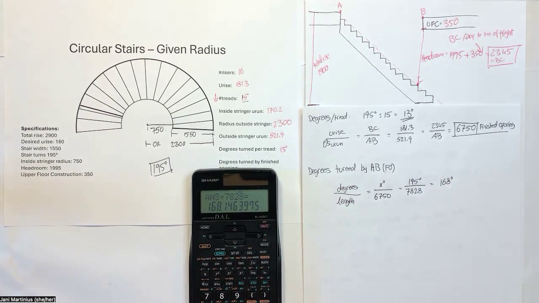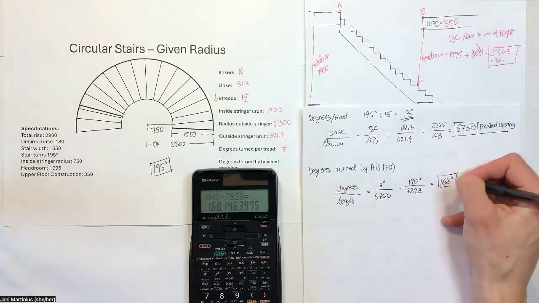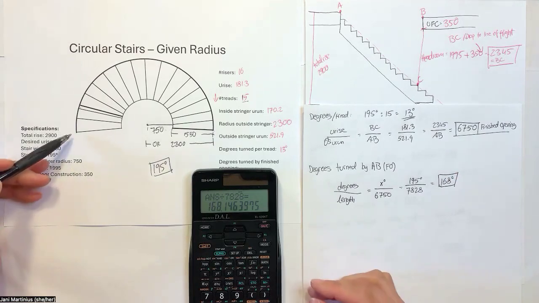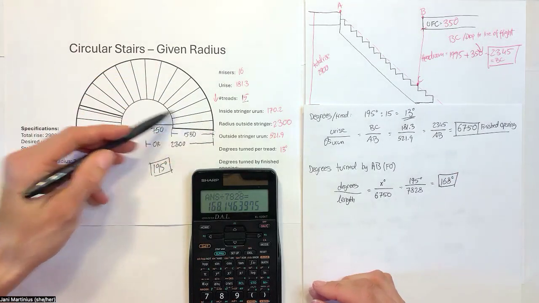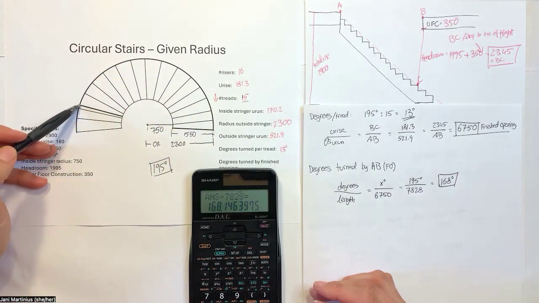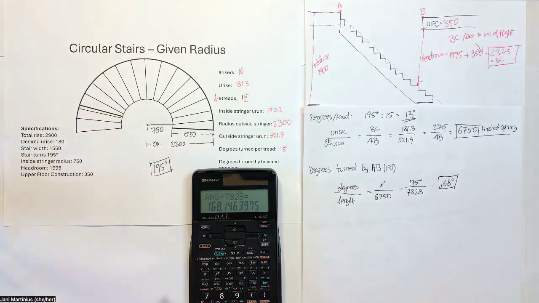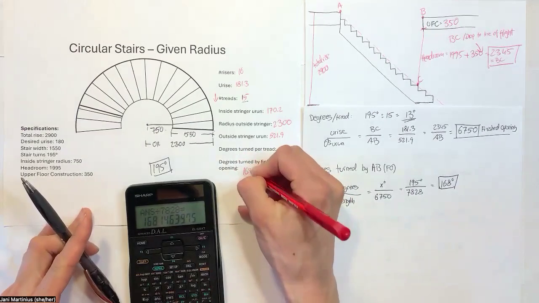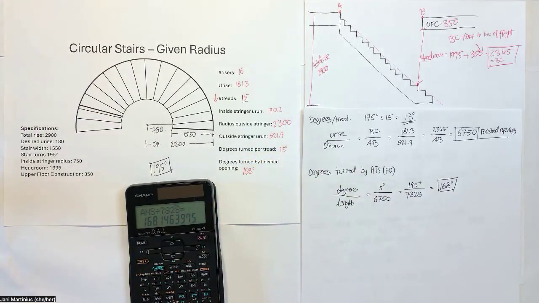Gives us 168 degrees. So while the stair, the entire stair, turns 195, the finished opening only turns 168 degrees. And that's how it goes.